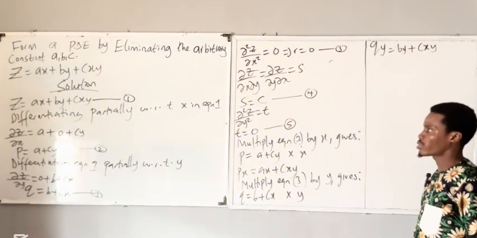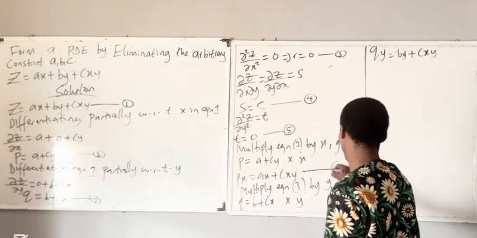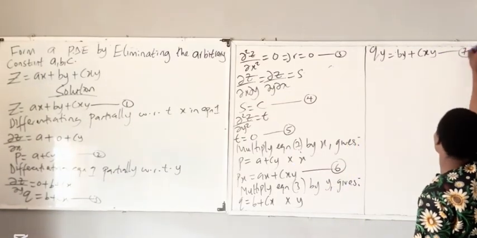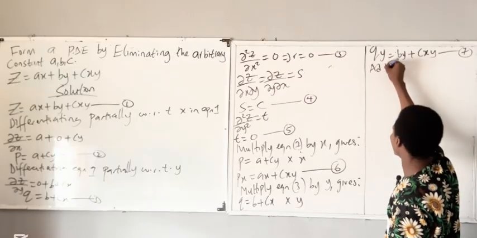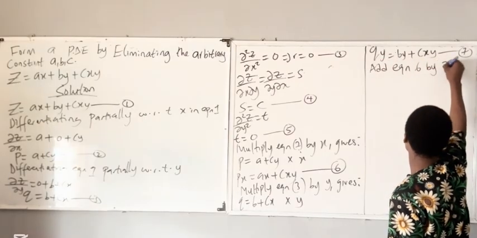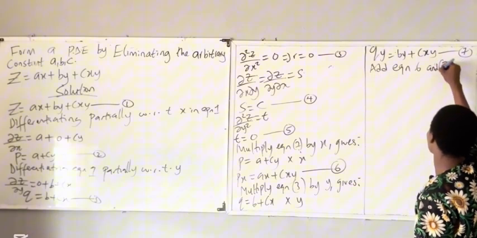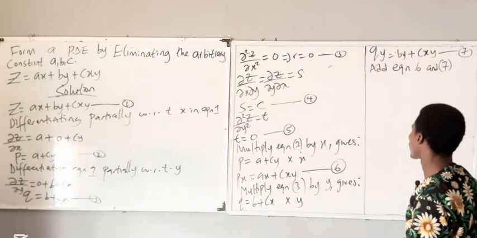So what can I do again? I can add them together. I can call this one equation 6 and this one equation 7. Then add equation 6 and 7. So if I add equation 6 and 7, what am I going to have?